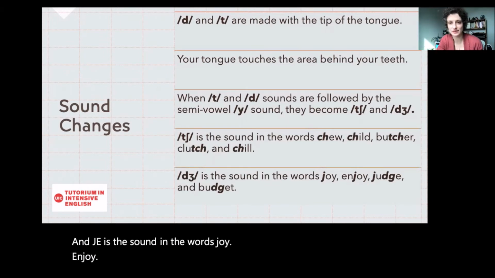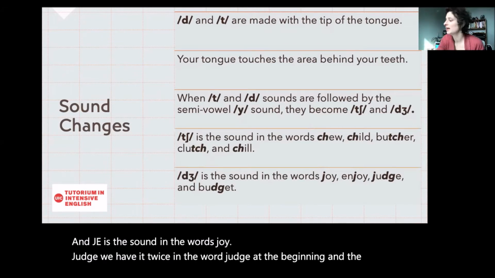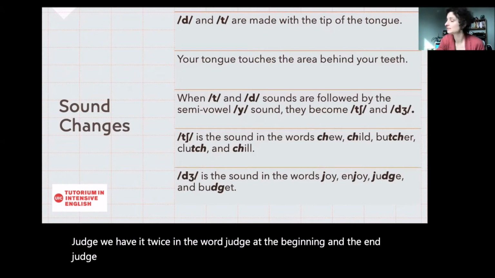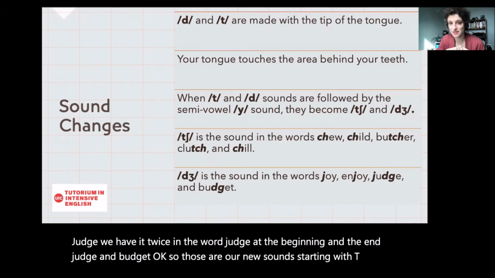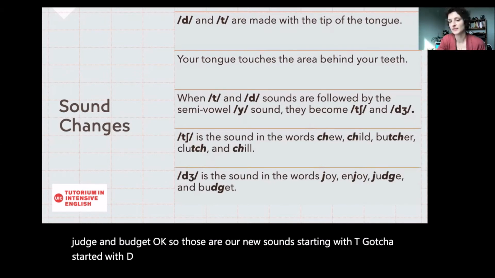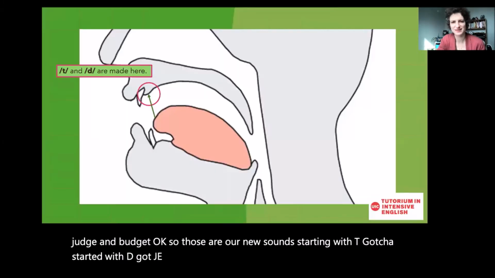We have it twice in the word judge, at the beginning and the end, and in budget, okay? So those are our new sounds. Started with T, got ch, started with D, got j. Why? Semi-vowel, what are you doing?